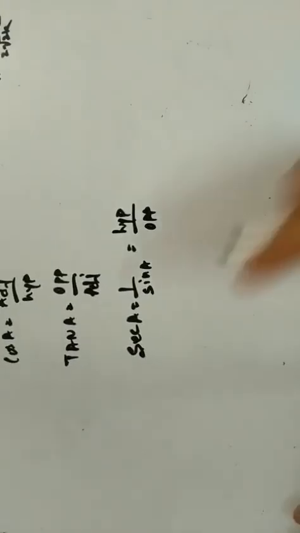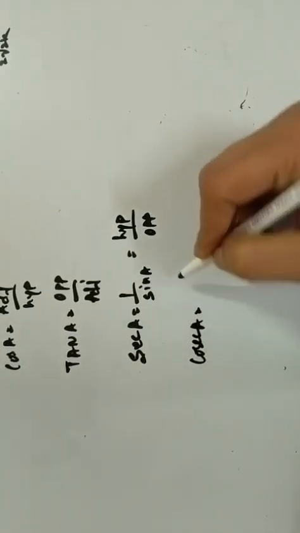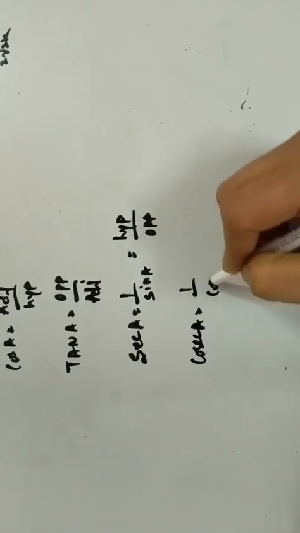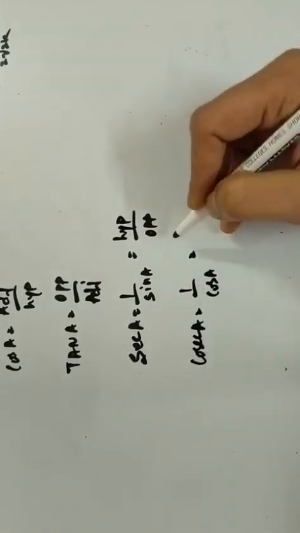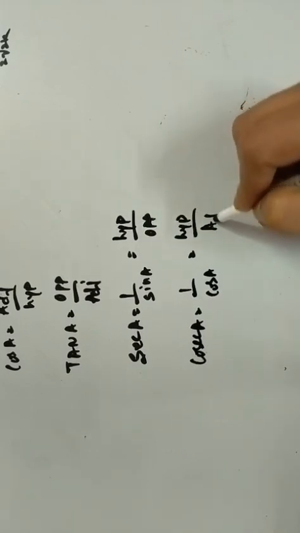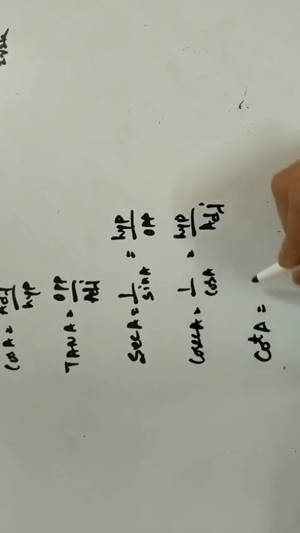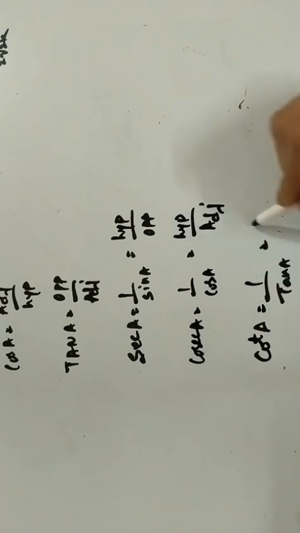And cot A is equal to 1 by tan A, so that is equal to adjacent by opposite.